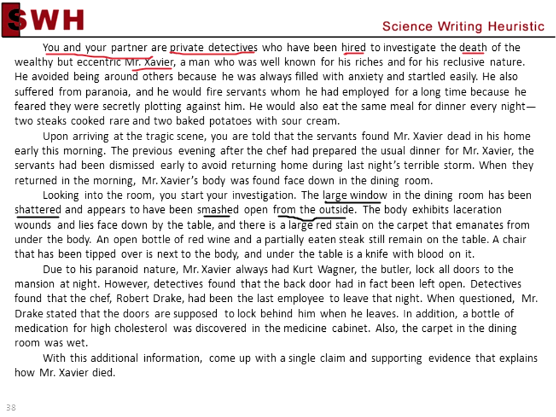So Xavier's dead, gender is male, he's rich, reclusive, anxious, startled easily, paranoia. He had servants that he fired, even when they'd been there a long time.